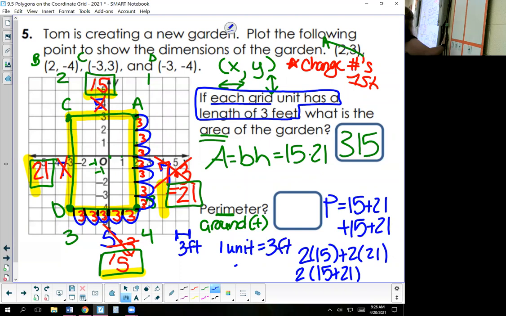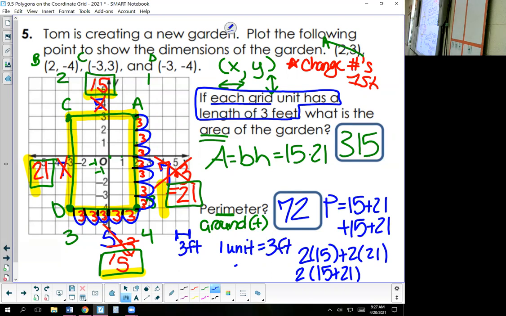Regardless, this is 30 and 42, which is 72. Why would I do this first? Because it's in parentheses. I would add these up and then double it. Any of these work. But if you don't change your numbers first, you're going to miss area every single time. You can get perimeter right, but you won't get area.